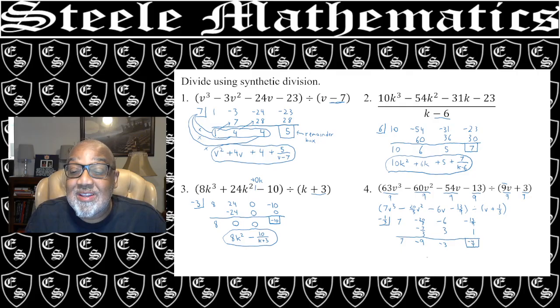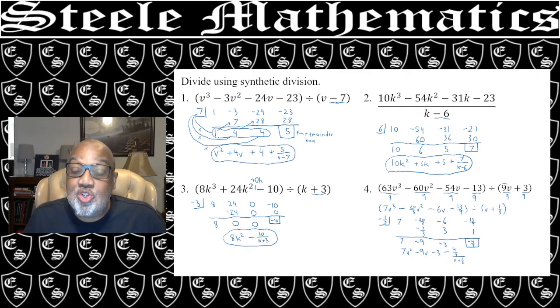So the remainder is negative 4 over 9. Therefore, this is 7v squared minus 9v minus 3 minus, now this is negative 4 over 9, over v plus 1/3.